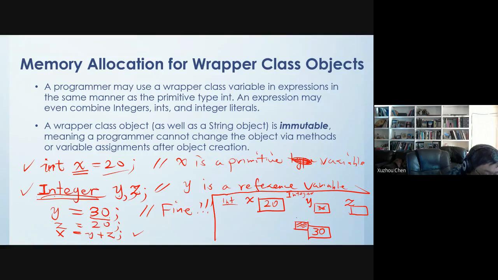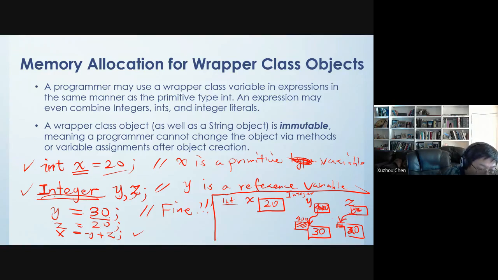Which is like 400, for example. The 400 is the memory address, and I store 400 over here in Y. So Y actually points to the value 30. And the same thing with Z. Z is assigned 20, and I store the reference over here in this position. So Z actually points to here.